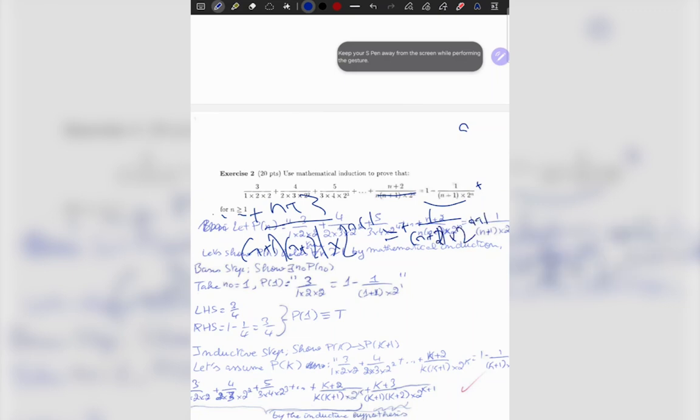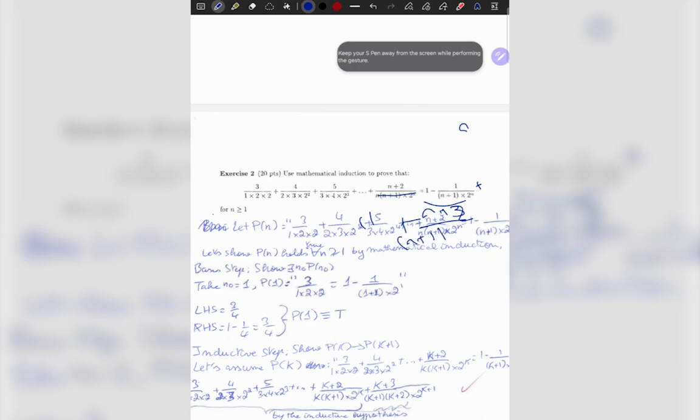Okay, so now on this side there's not much to do. On this side we add the same thing, n plus 3 over n plus 1 into n plus 2 times 2 power n plus 1.